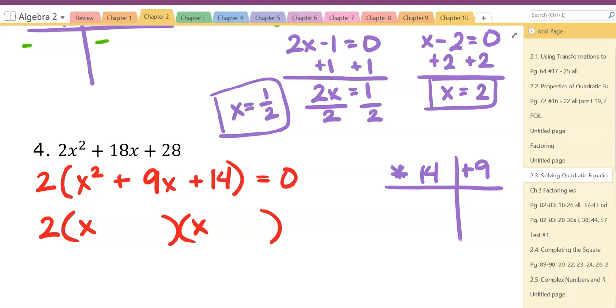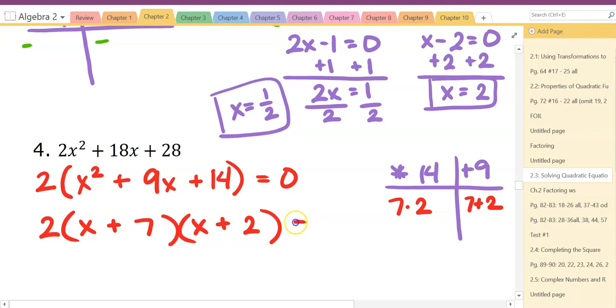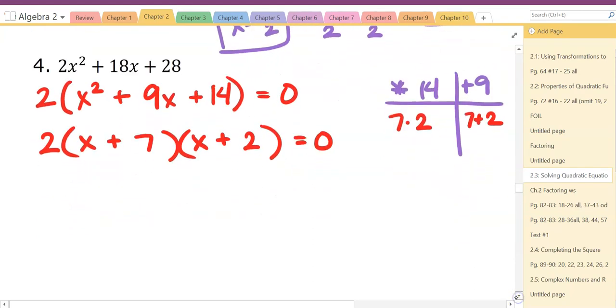Okay, what two numbers do that? What two numbers multiply to 14, add to 9? 7 and 2. So we're going to have x plus 7, x plus 2. We set that equal to 0. Now with that 2 sitting out front, when you go to set that equal to 0, 2 is not equal to 0. That's not a true statement.